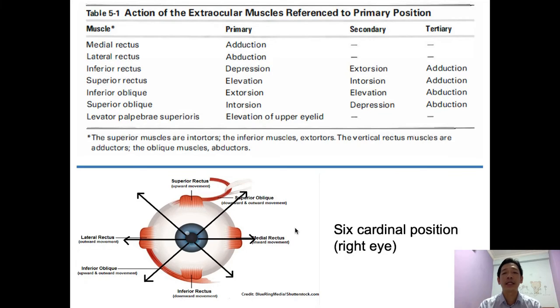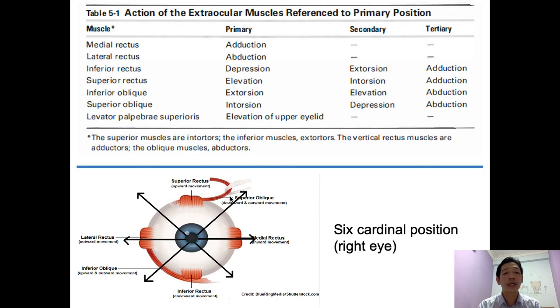We ask you regarding the 6 cardinal positions of your eye. When you look carefully, these cardinal positions are actually different from the so-called primary, secondary, and tertiary functions. Let me give one example. This is your right eye in front of you. When you want to check the extraocular muscles, you want to identify the 6 cardinal positions. For the eye to look in this direction for your right eye, the main EOM in charge of this cardinal position is your superior oblique.